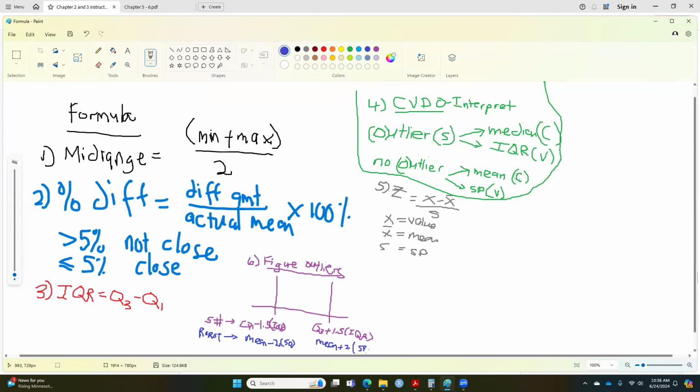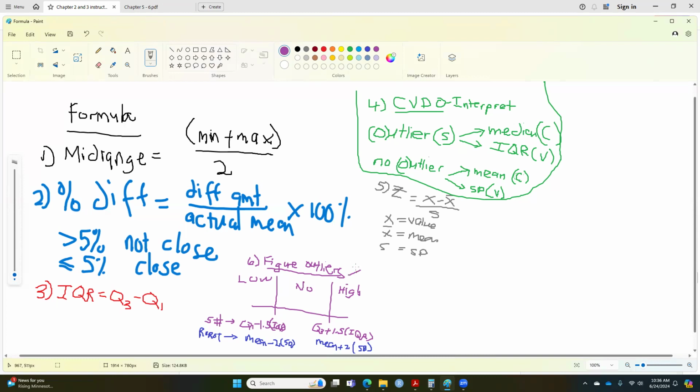And then any number that is below or above it is called significantly low, and this is called significantly high. And this is considered not significant. Okay, so this is how you figure out outliers.